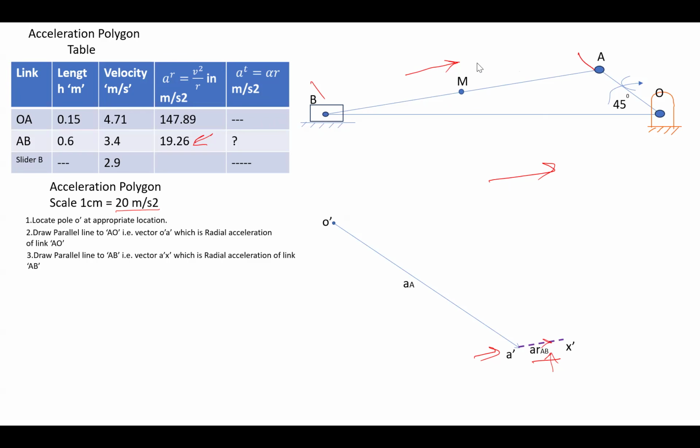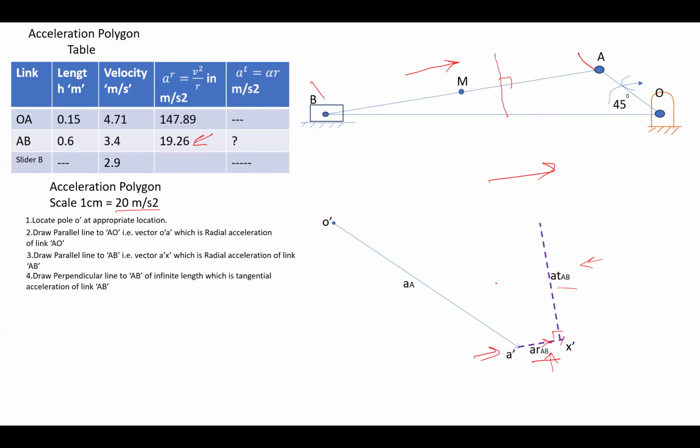Then AB will have another component of acceleration, and that is the tangential component of the AB link. Where the radial component ends at x dash, from there you have to draw the tangential component, a perpendicular vector. So this is the tangential component of AB. We don't know the magnitude of the tangential component of AB, you just have to draw a perpendicular line to AB.